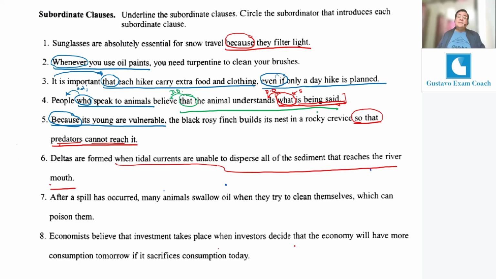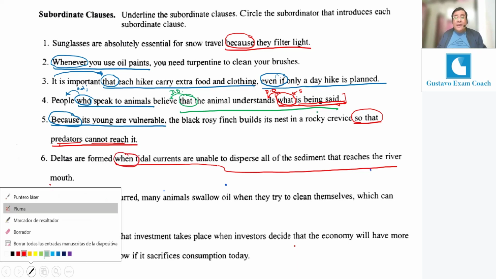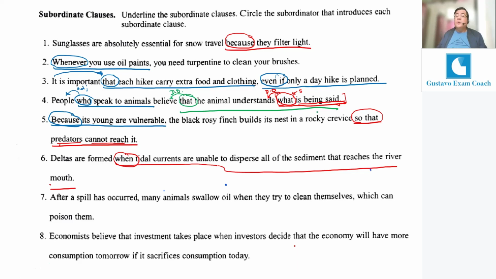All of it is actually a subordinate adverb clause, stating somehow when the action of the deltas being formed takes place. So within our subordinate clause with when as a subordinator, we have another dependent or subordinate clause.